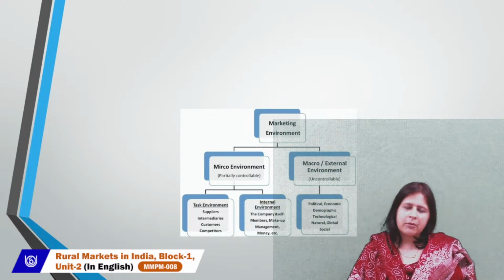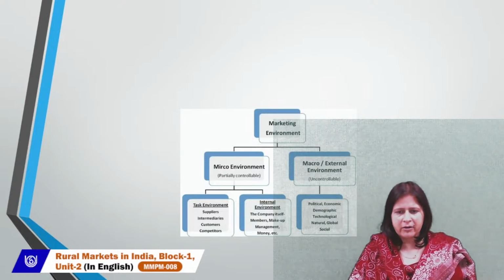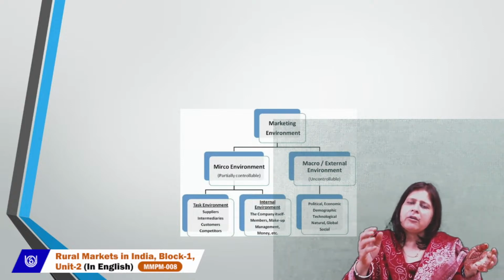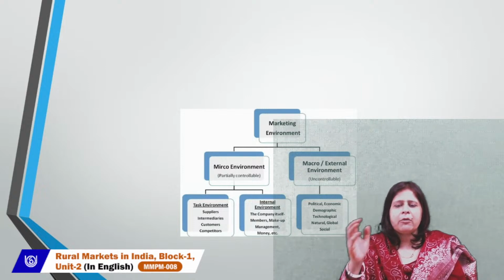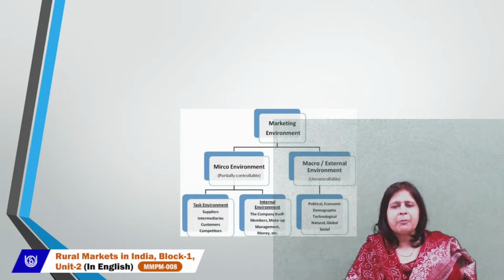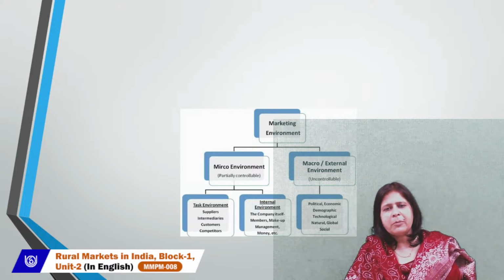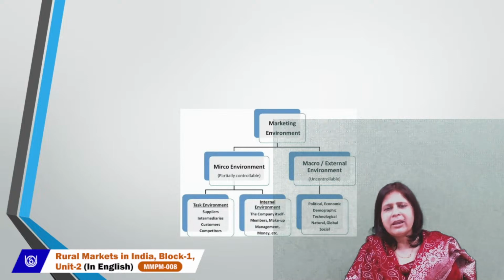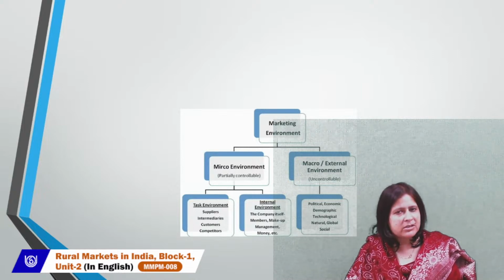So the marketing environment could be divided into two: micro or internal environment, and macro or external environment. The micro environment is partially controllable by the organization, while macro or external environments are beyond the control of any organization.